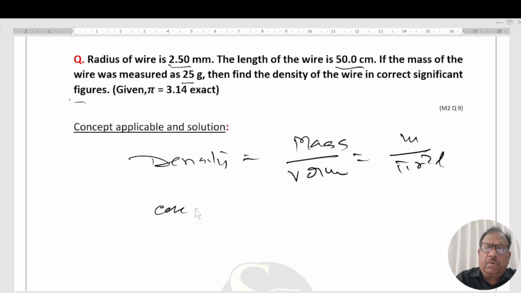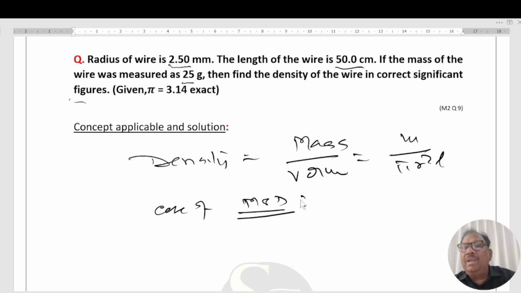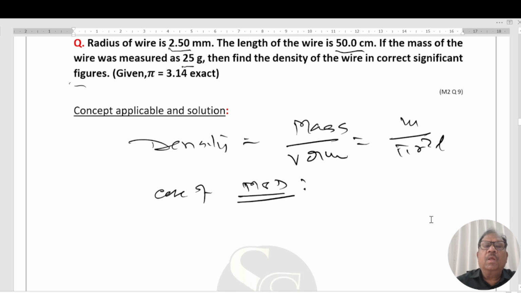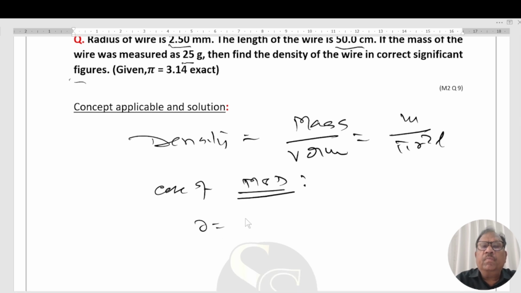It is a case of multiplication and division. Answer में क्या होगा? Least significant figures we have to pick up out of the given. तो given हमें r equal to 2.50 mm. Significant figures 3. Change the unit.